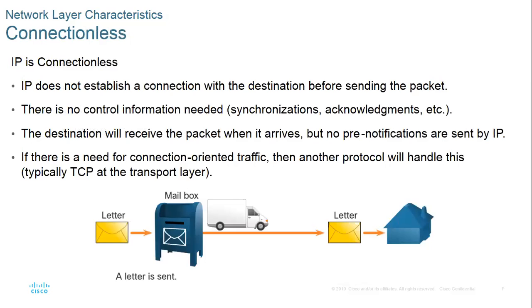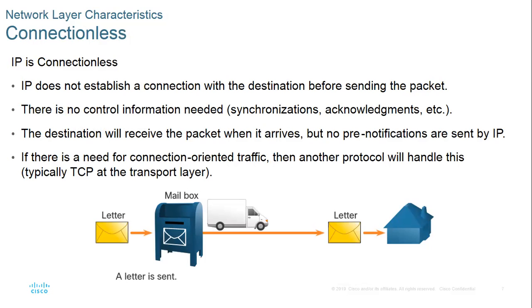What do we mean by connectionless? The IP layer is not going to establish a connection with the destination prior to sending the packet. Also, there is no control information needed, which means no synchronization between source and destination, and no acknowledgement between the source and destination that the packets were received or not.